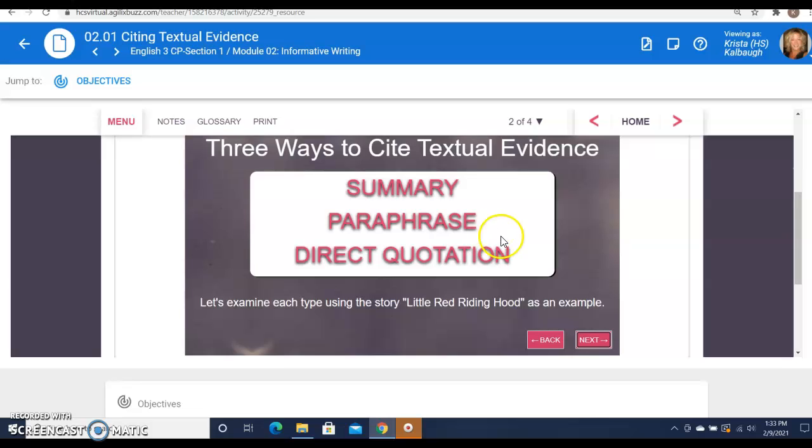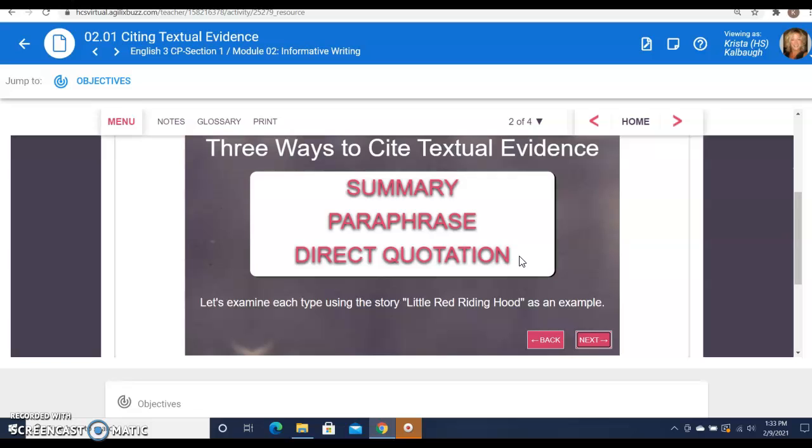Okay. Direct quotation is when you are taking a short piece of the article, word for word, and putting it in quotation marks, letting the reader know that you are using the author's exact words here. And again, that needs to be given credit.